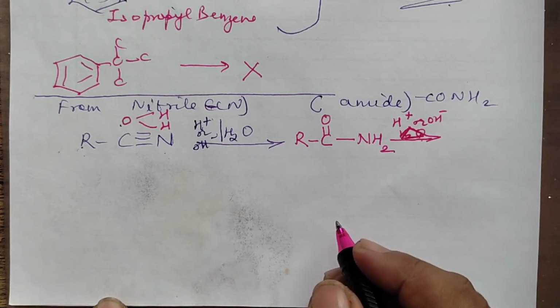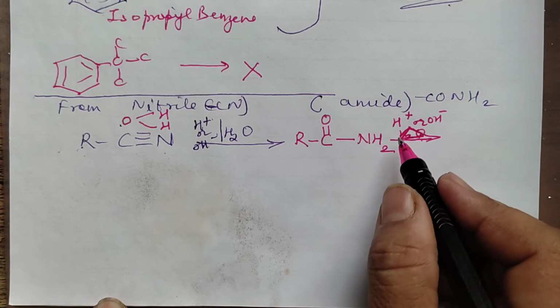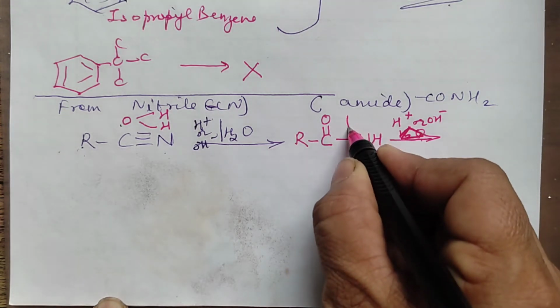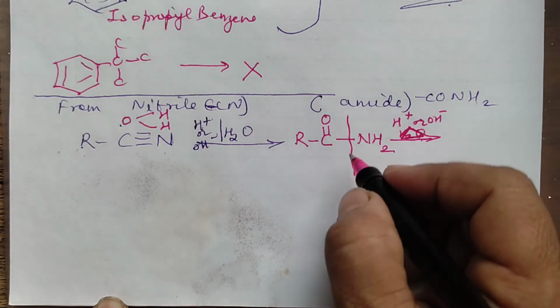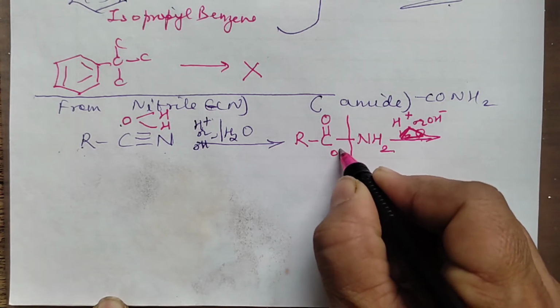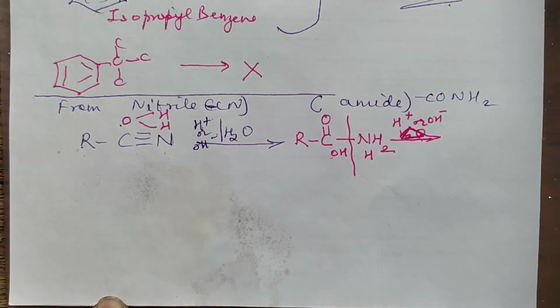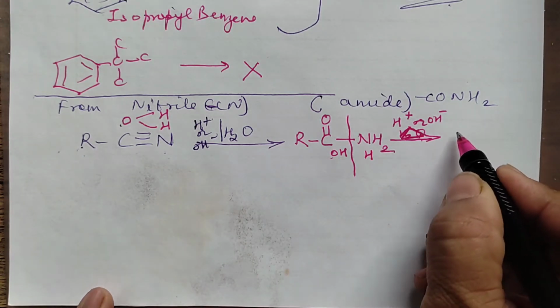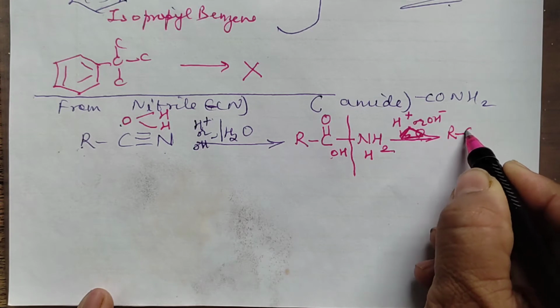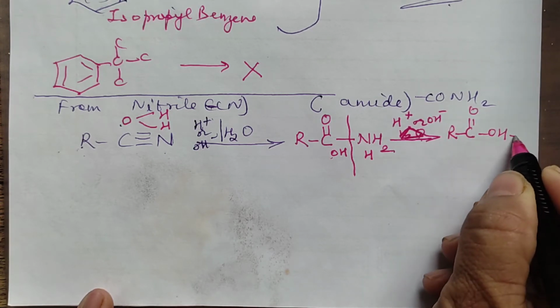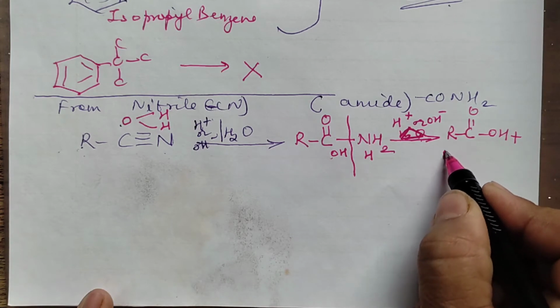Now, when you are heating in the presence of acid or alkaline medium, this will result in the formation of acid. How will you remember this? You will put OH here and H this side. OH here and H this side. So, what will be the product?